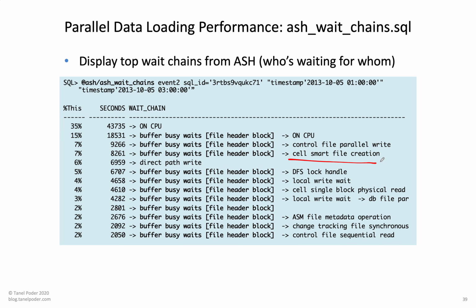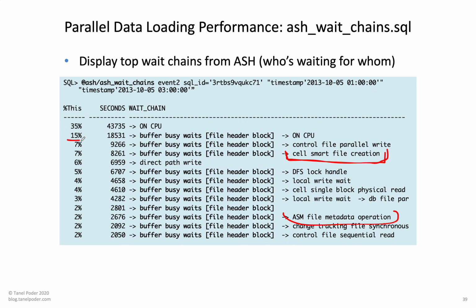When I saw cell smart file creation and ASM file metadata operations and so on, this was an indication that we were constantly having to extend the bigfile. When you had hundreds of sessions all wanting to allocate space in this bigfile, but it was still being extended while the workload was going on, then we ended up waiting. And I guess the extension was fairly slow for some reason for our data volumes.